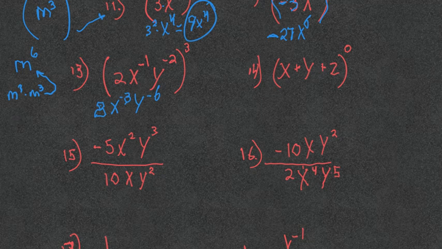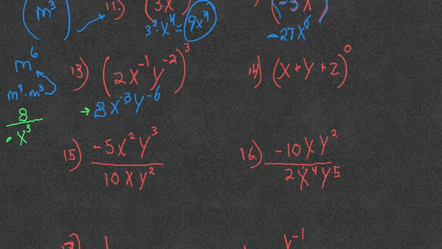You're going to take the 8 and leave it where it is, because the 8 didn't have any negative exponents or anything. But the x had a negative 3 on there. I'm going to make a fraction. I'm going to put the x down here and make it a positive 3.